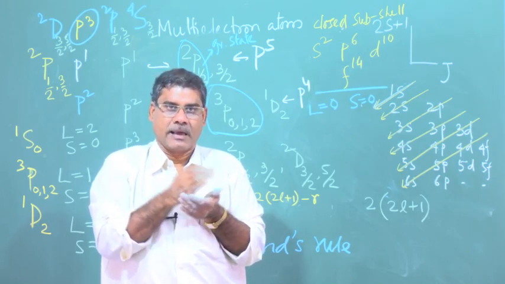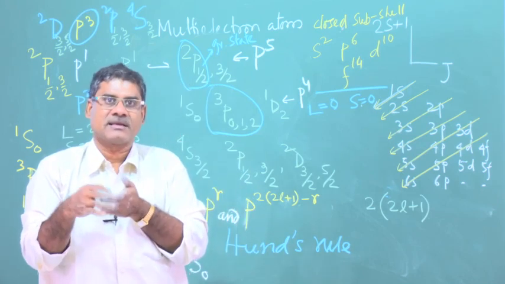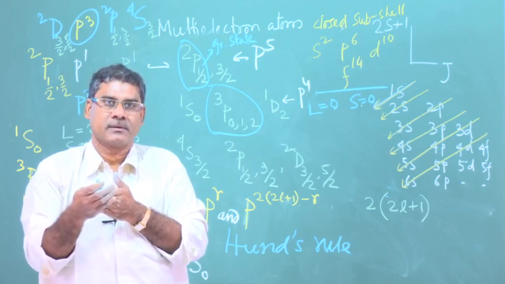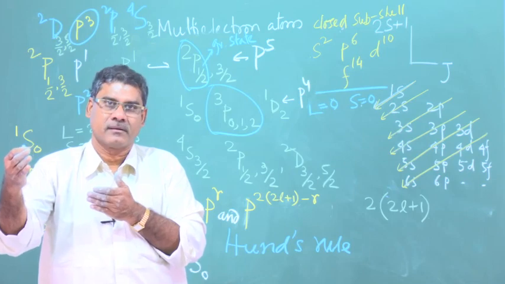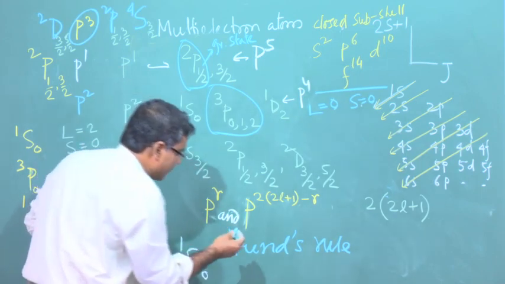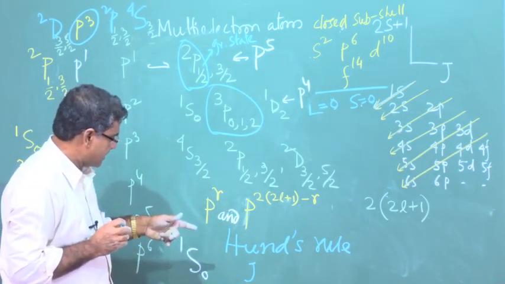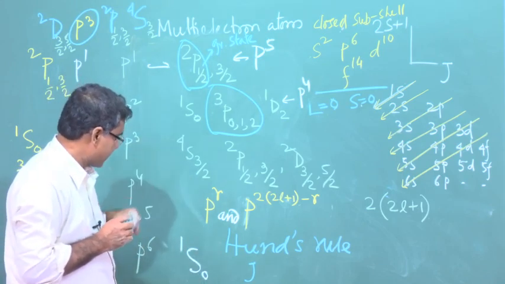And a higher J value will give the lower energy for a higher than half filled shell or subshell. What does it mean? The lowest J value will give the lowest energy state.